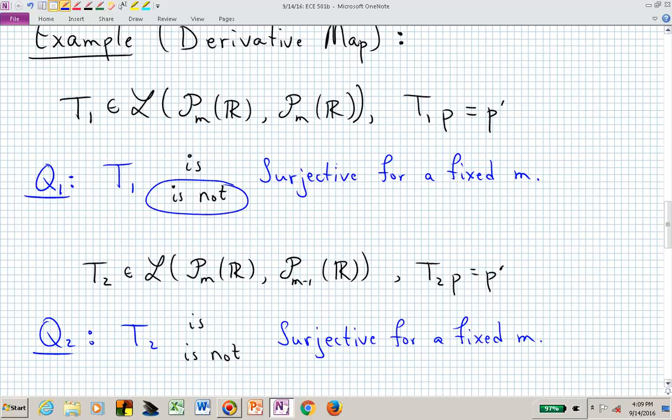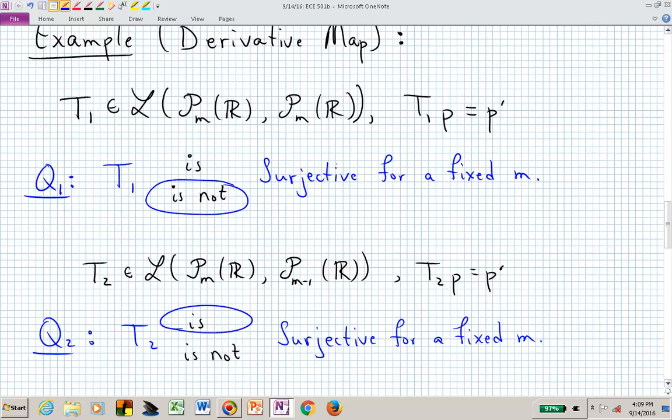You can now touch anything in that polynomial vector space that's of order 1 less than what you started. And that's what this is saying. We have a linear map now. So thumbs up on this one, T sub 2 is surjective for a fixed m, the way we defined our input vector space and output vector space.